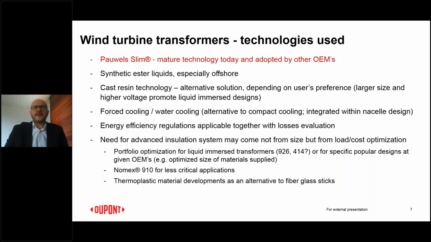So we look at those different systems with the industry partners to make sure that we can meet those more and more stringent requirements, but also optimize and fine-tune the designs for the modern transformers.